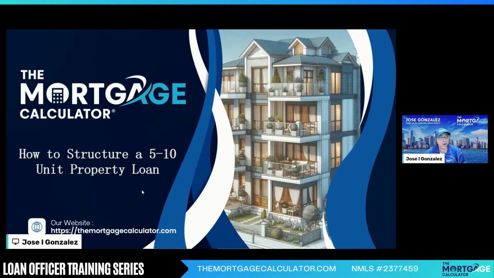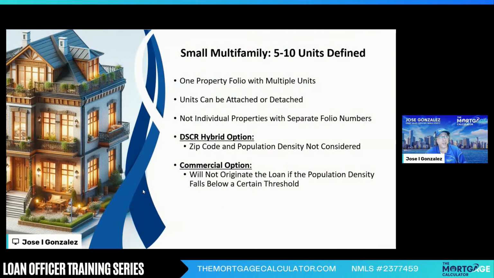So let's jump right into how to structure a 5 to 10 unit property loan. First, let's get into what we're actually talking about when we refer to a 5 to 10 unit property. We're talking about one property with one folio number that has multiple units. It could be a 5-unit building, 6, 7, 8, 9, 10.